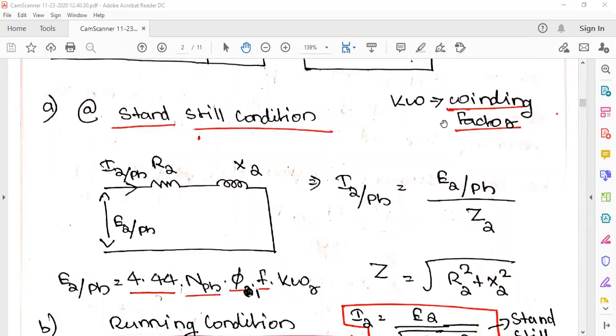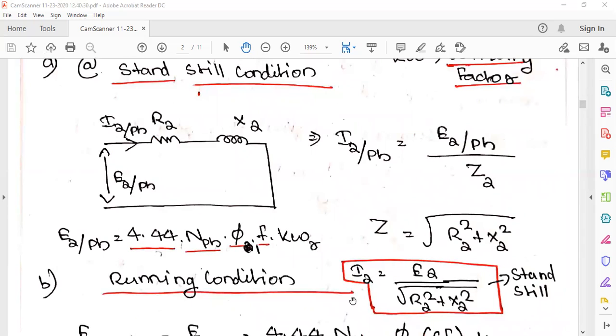You don't need the derivation, just understand the equation. The current I2 will be E2 by root of R2 square plus X2 square. At standstill, S is equal to 1, so there is no concept of slip coming in here. So the standstill condition is clear.